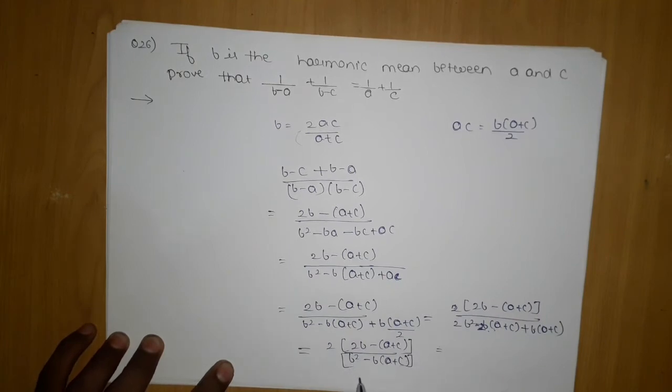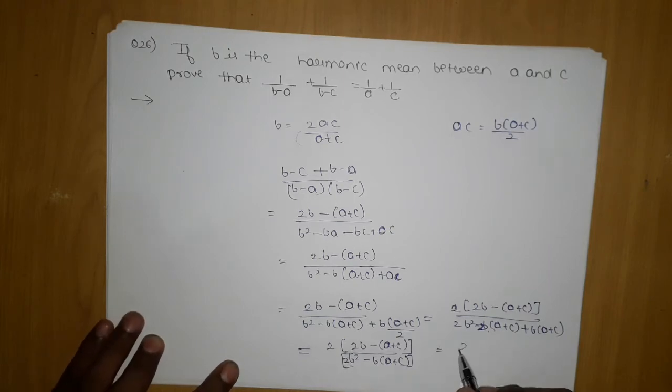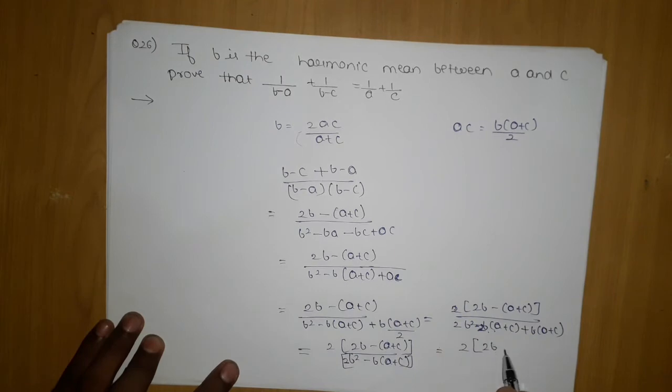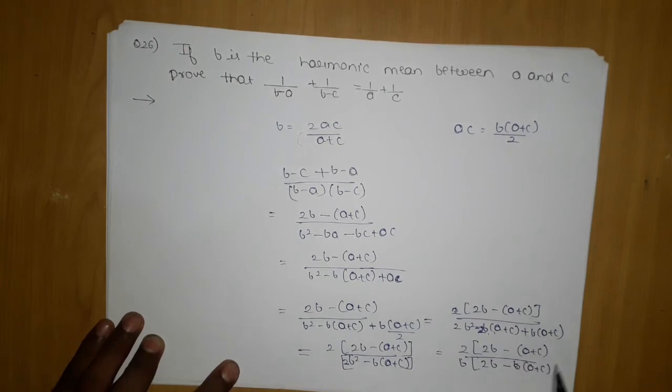So what we are going to do, here 2 was there, so we take b common from the denominator. So 2b minus (a plus c) upon 2 into 2 upon b, take common. Here we are left with 2b minus b into (a plus c). So we are left with a plus c here.